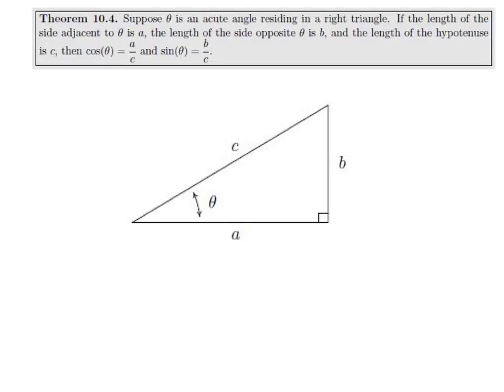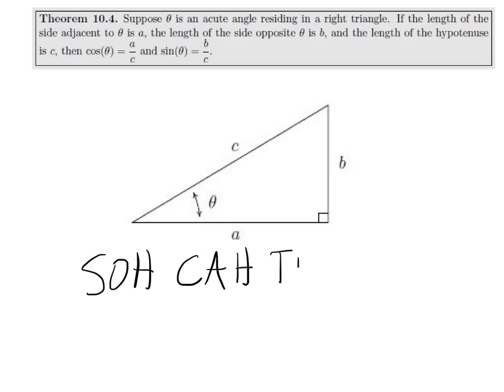Finally, when you have a triangle, here is theta, and we have A, B, and C for the sides. Cosine theta is A over C. Sine theta is B over C. It's a really nice thing to remember: SOH CAH TOA. The T is for tangent. This is not in this section yet, but it comes in one package, SOHCAHTOA.